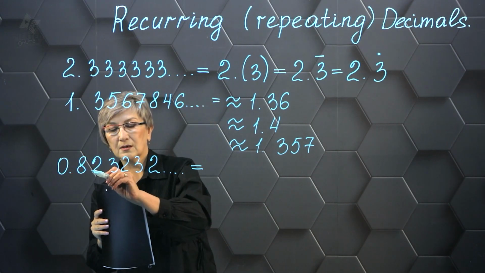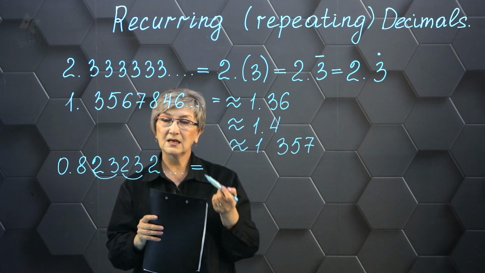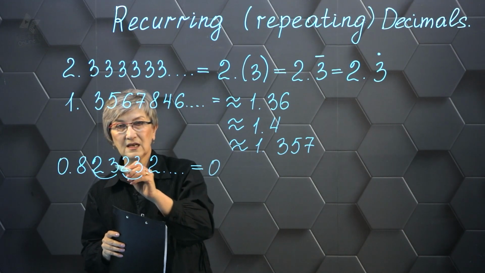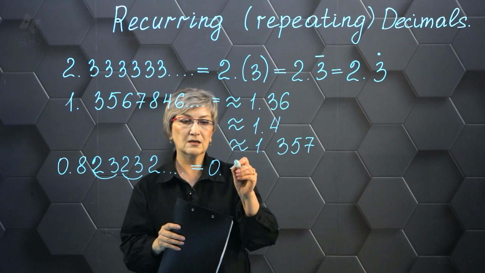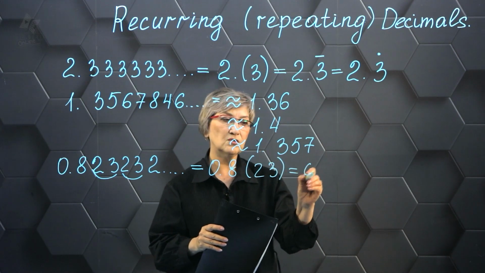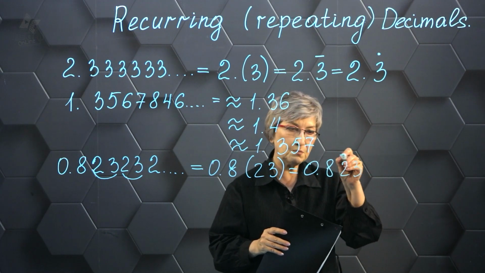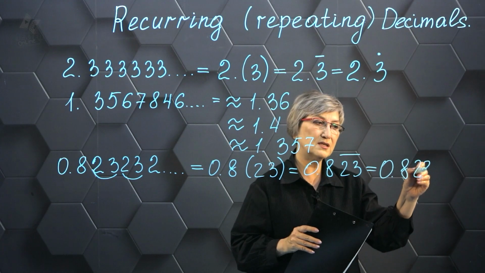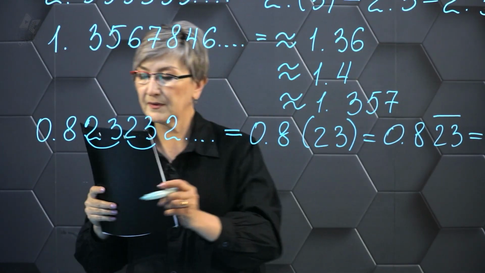We can see that 23, 23, and so on repeats. Then I write down only 23 in a period. Then the record will be like this, 0.8 tenths, and 23 in the period, or 0.8, 8, and 23 in the period. Or another entry, 0.8 and 23 in a period.